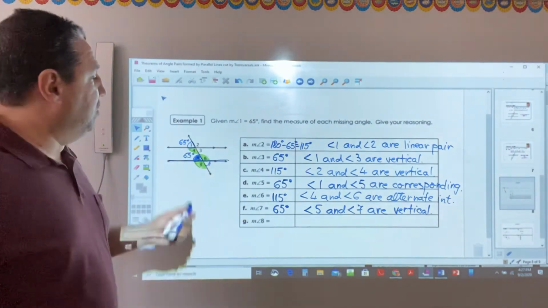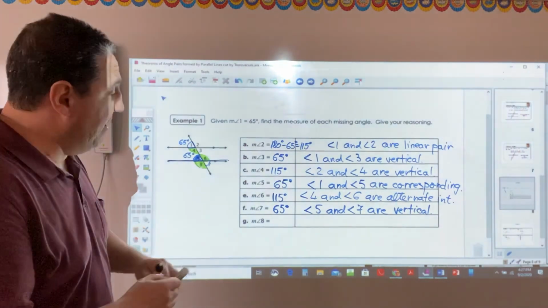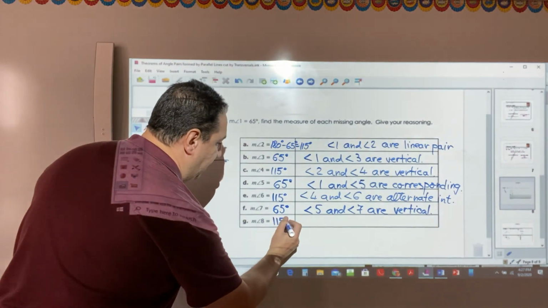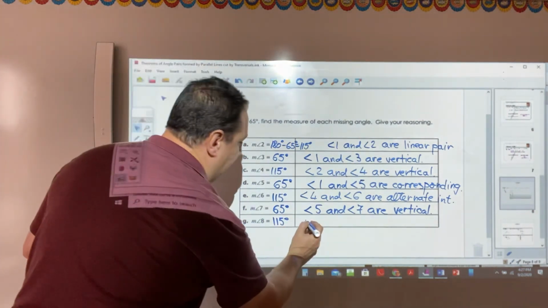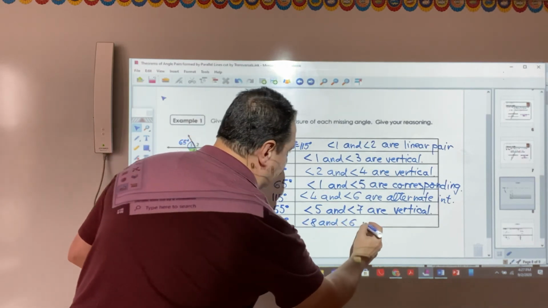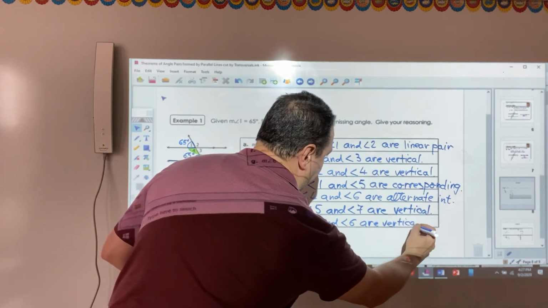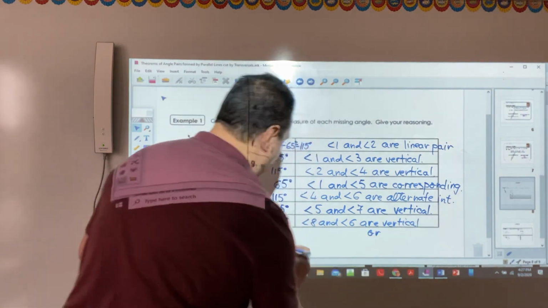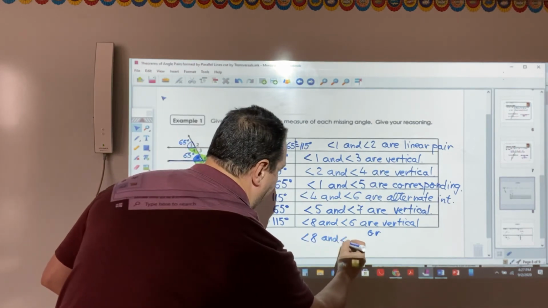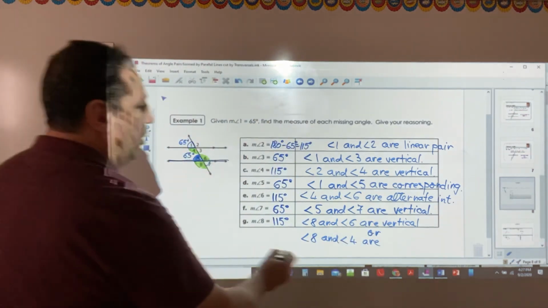So, that's why they have the same measure. So, the measure of angle 8 would be 115 degrees. We can say because angles 8 and 6 are vertical, or angles 8 and 4 are corresponding.